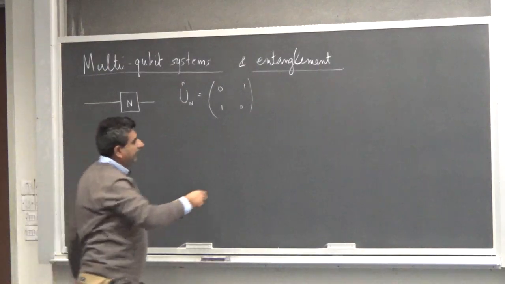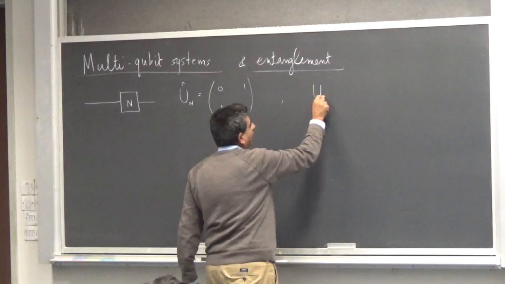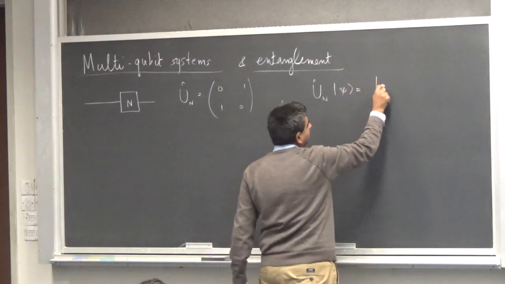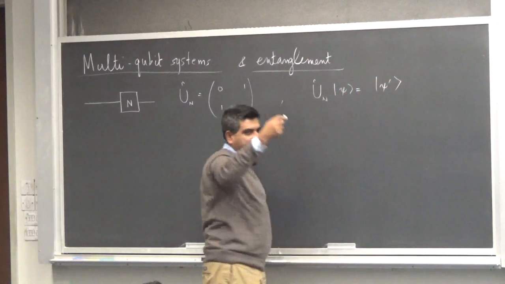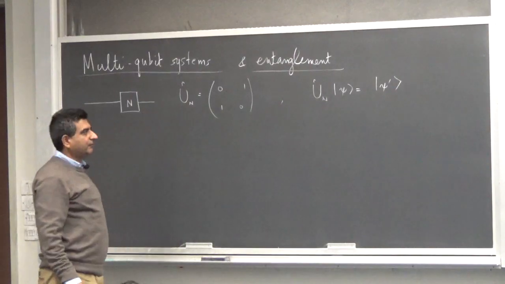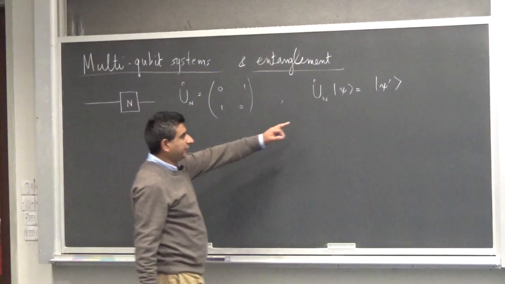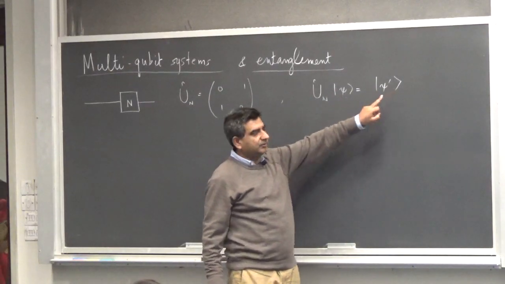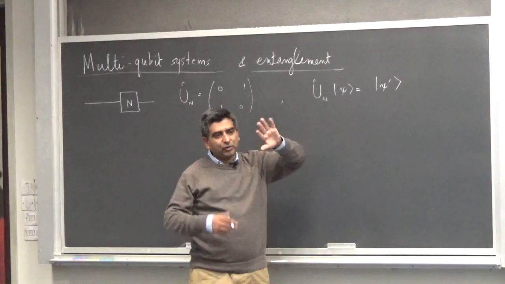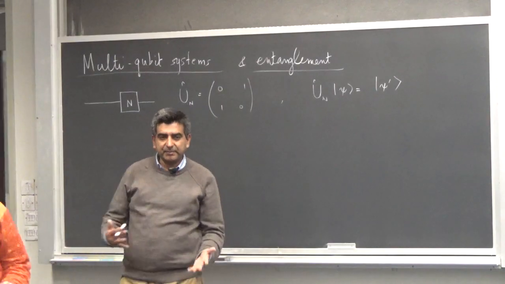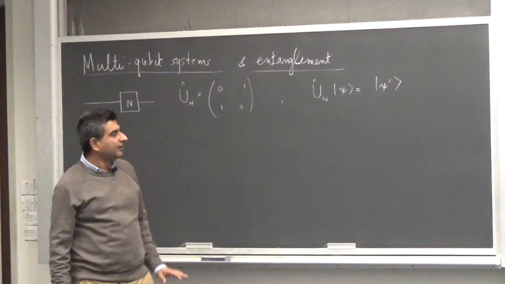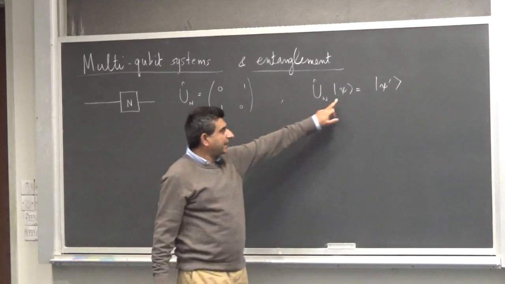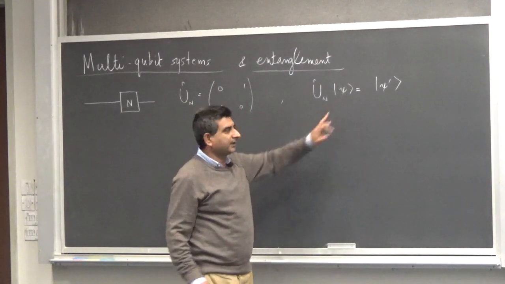This NOT gate might act on some state and generate a new state, psi prime. For example, it can act on ket 0 to generate ket 1, it can act on ket 1 to generate ket 0. And we know that these states can be represented in the Zeeman basis.